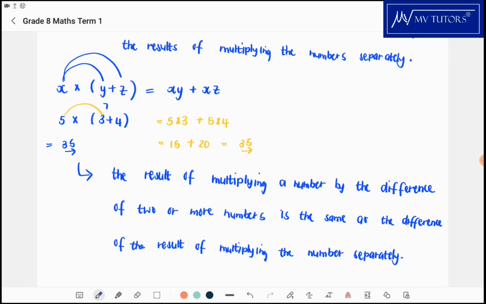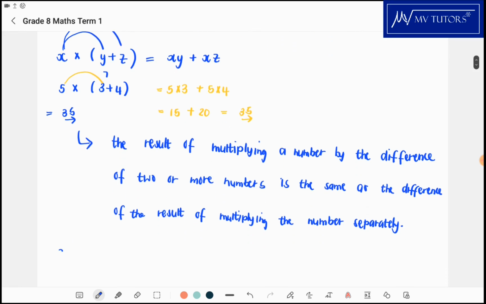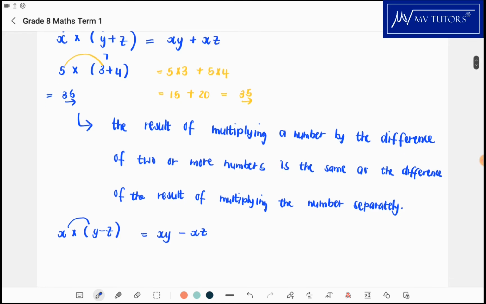So same thing. If we were to have x times (y minus z), it's basically the same as saying x times y minus x times z. Let's use different numbers this time.